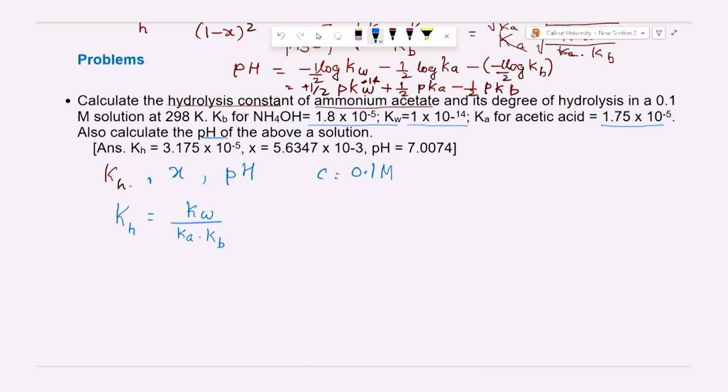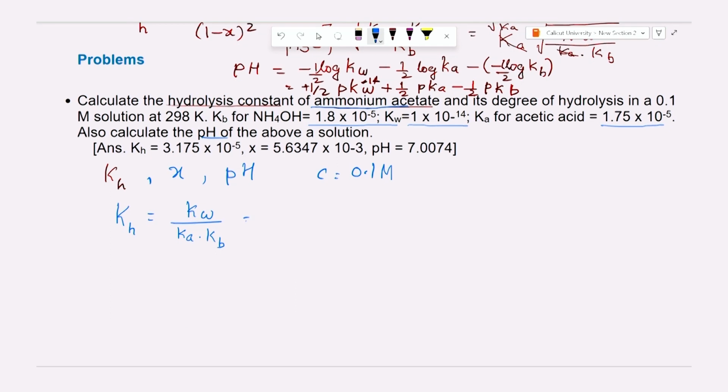You can identify this expression only if you identify the salt is from both weak acid and weak base. Now, the values are substituted. Kw is equal to 1 into 10 to the power minus 14 divided by Ka is equal to 1.75 into 10 to the power minus 5, again Kb, that is 1.8 into 10 to the power minus 5.